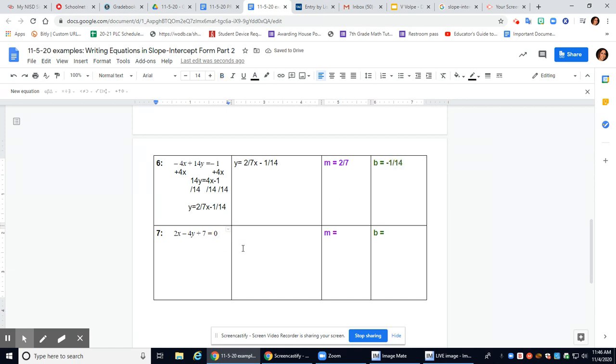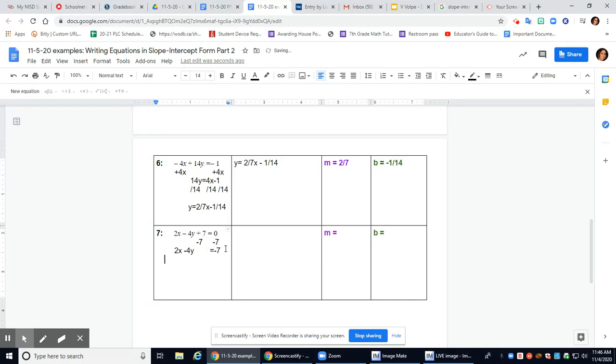Okay, and for the last one. Now on this last one, we have everything on the left side with that variable y. So we need to cancel out the 2x and also that 7. I'm going to go with the 7 first by subtracting 7. So I will subtract 7 on both sides. That will leave me with 2x minus 4y equals negative 7.